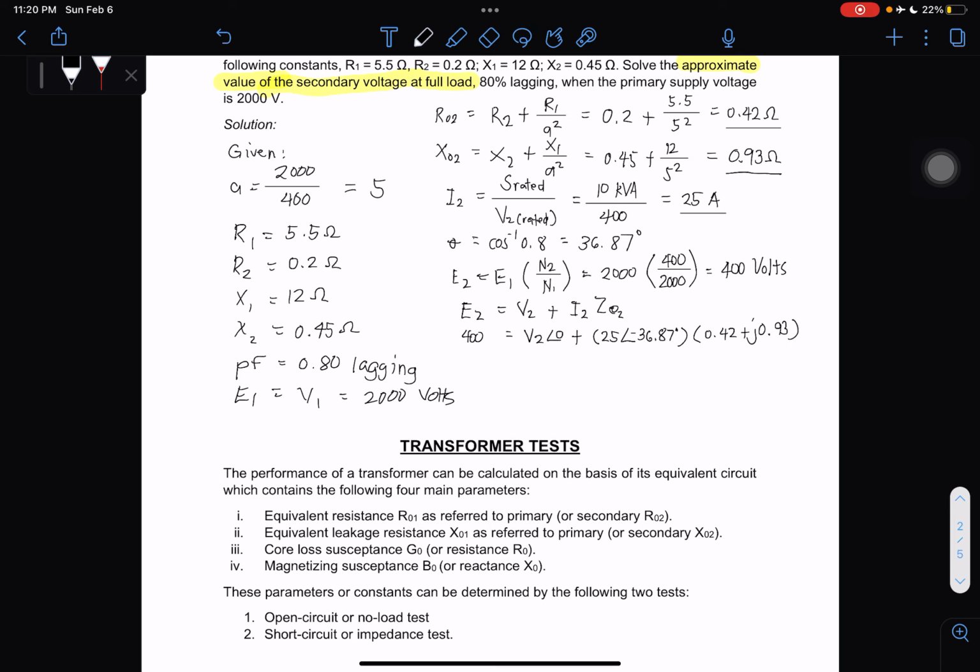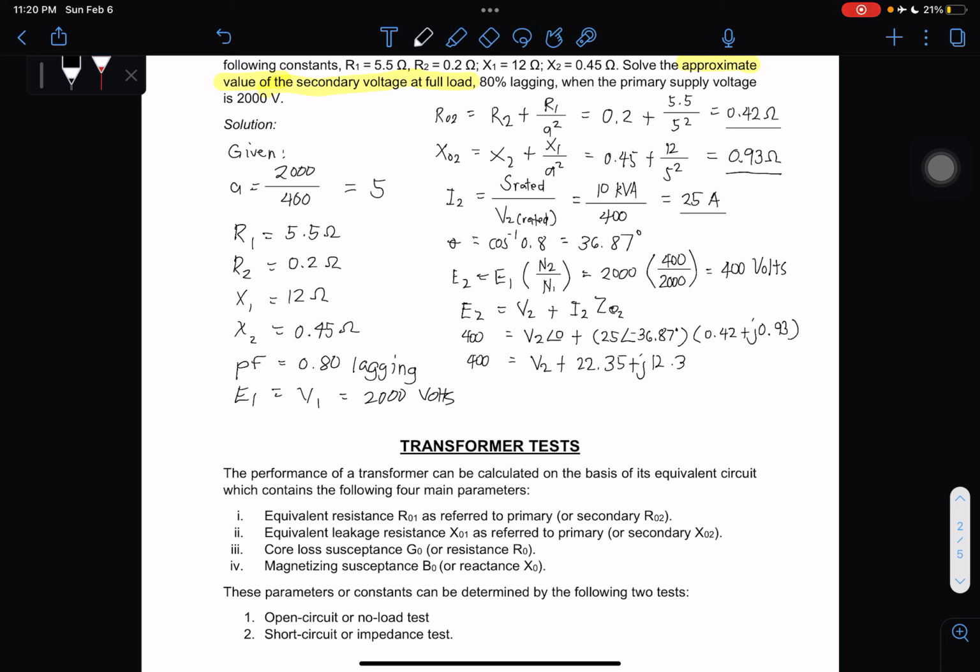Since the unknown is V2, we simplify. We have 400 is equal to V2 plus 22.35 plus j12.3. Using the calculator, this is in complex form.